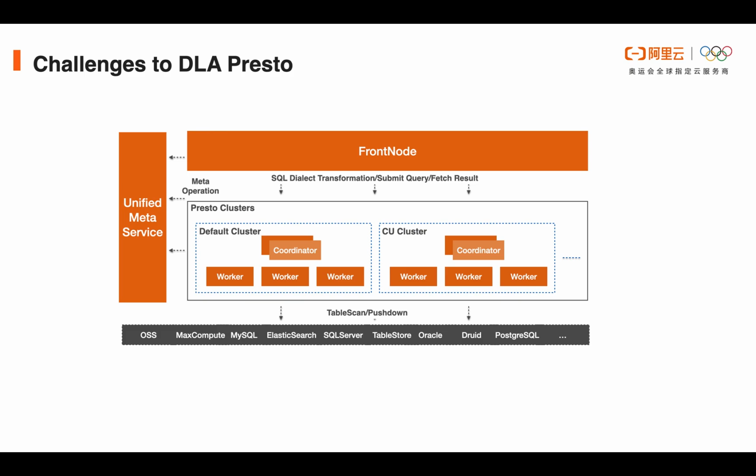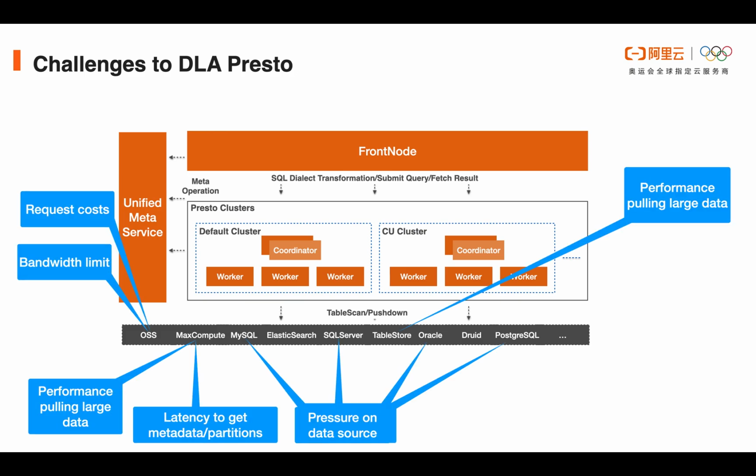Since DLA Presto supports various data sources, each data source has its own problem to solve. Let's say for the OSS data source, we need to reduce the cost caused by calling the OSS API, and also we need to solve the performance issues caused by the access delay and the OSS bandwidth limitation.